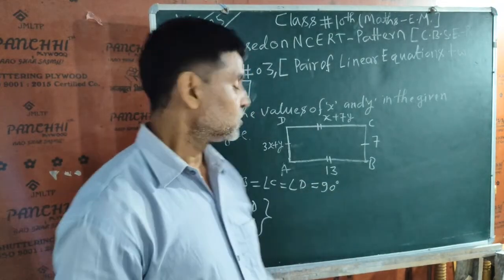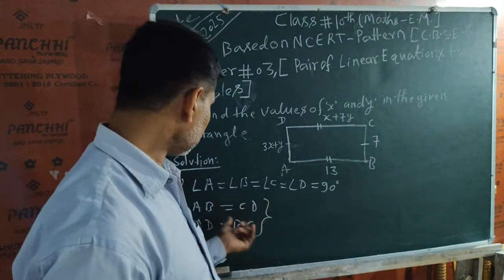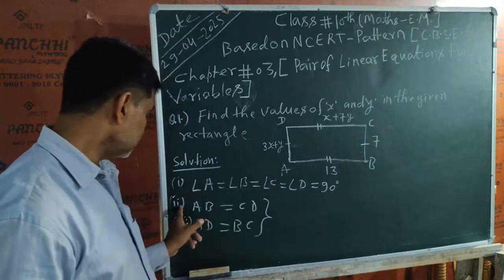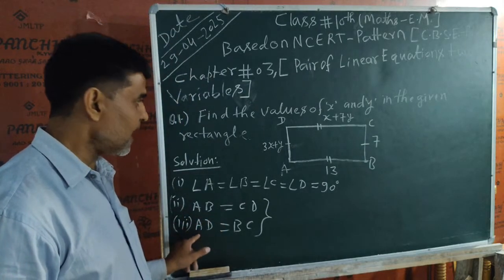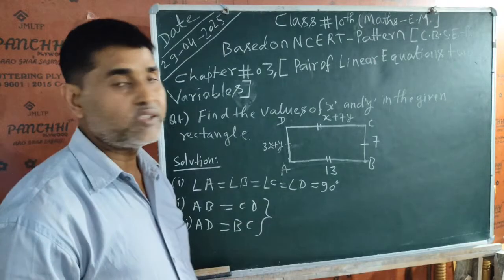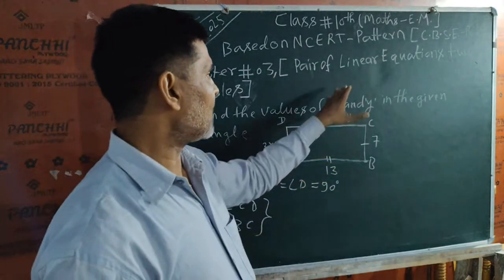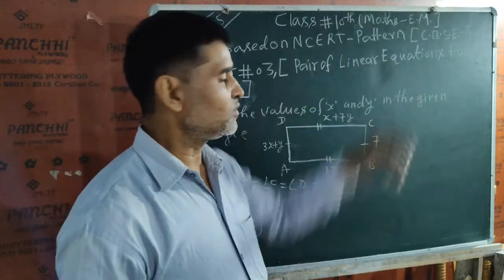Okay, student. So I will use conditions 2 and 3, and then we will find 2 equations, and those 2 equations I will say are a pair of linear equations in 2 variables.